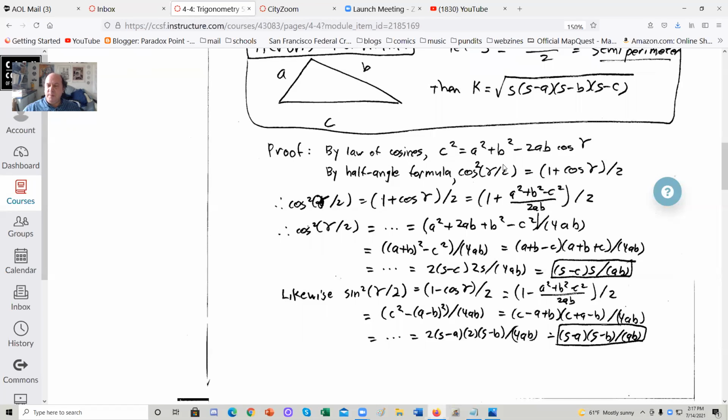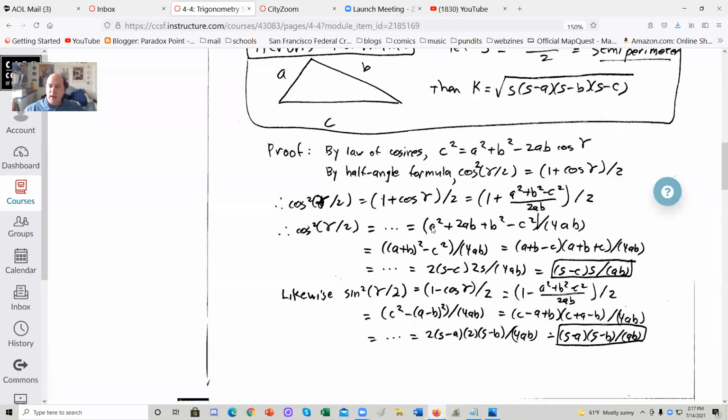From the law of cosines, the cosine gamma is a squared plus b squared minus c squared over 2ab. Put that in there. After a bit of algebra, the cosine squared of gamma over 2 will be a squared plus 2ab plus b squared minus c squared over 4ab.